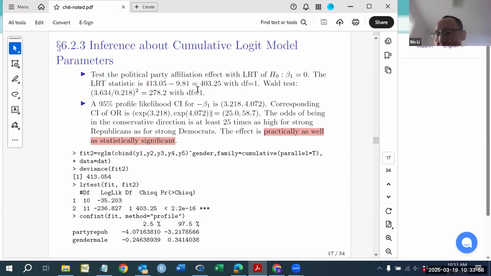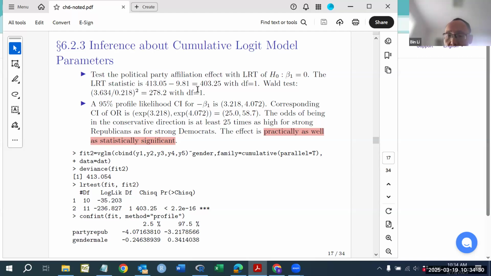Remember the difference between the baseline category logit model and the cumulative logit model? The difference depends on whether the response variable is nominal or ordinal. If it's nominal, that means for the response we have multiple categories, but there's no ordering structure, so we just use the baseline.